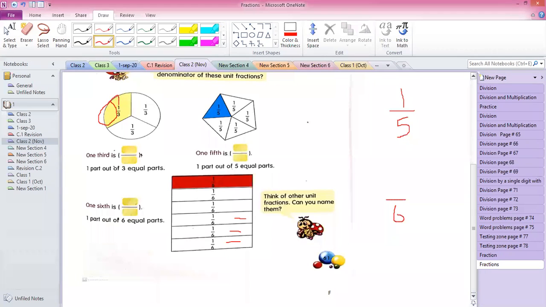Now tell me, how many parts out of 6 parts are shaded? One. Very good. So I will write 1 in the numerator. This means 1 part.